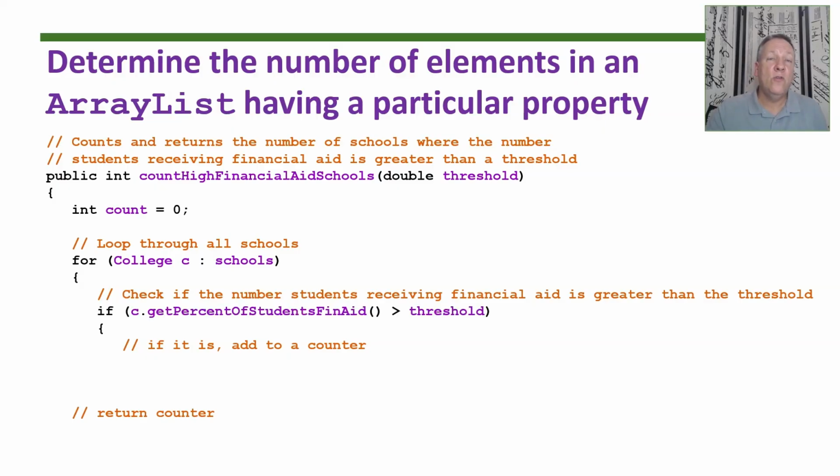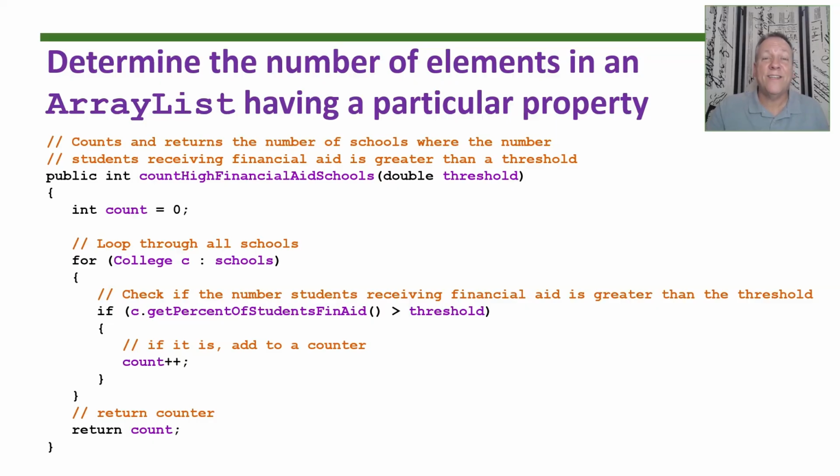And now I need to use an if statement to check to see if c.getPercentOfStudentsFinAid, meaning the percentage of students that receive financial aid at that particular school, is greater than my threshold. If it is, well, then I want to do a count plus plus because I'm just counting how many schools are above that threshold. After my loop is done, I'm going to return my counter, return count. How'd you do?